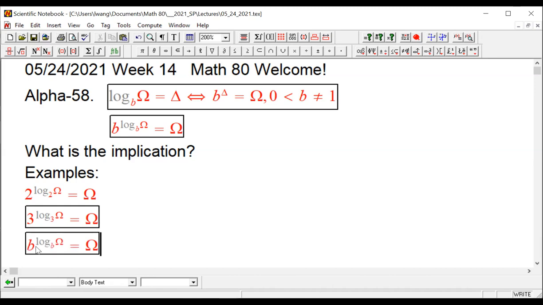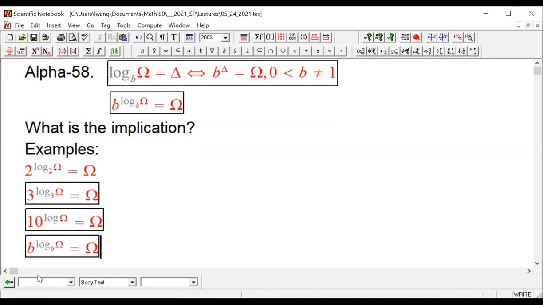If that base is 10, this base is 10, which by default is a log base 10, and this is true. If this base is e, and that is e, and log base e turns into ln, and that is true.